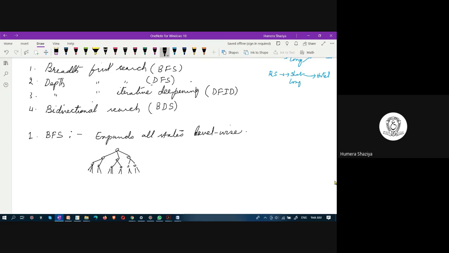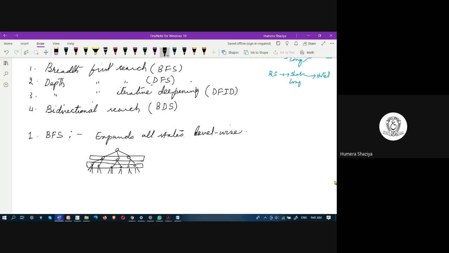Or it is like breadth wise expansion. This is a breadth. This level is expanded. Next level is considered for expansion. Further, next level, and so on until goal is reached.